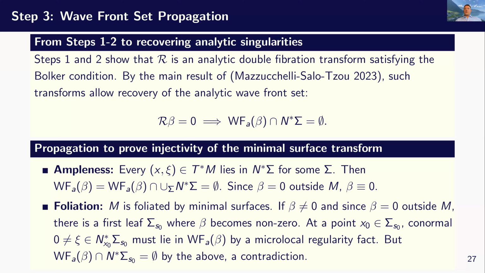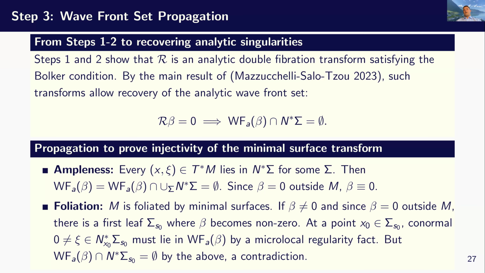The other condition was by foliations, and the argument there goes as follows. By assumption beta was 0 outside of the manifold, and we have a foliation, which means that there must be a first leaf of this foliation where beta becomes non-zero. That means there's a point in this first leaf, sigma s naught, x naught, such that the conormal at that point must live in the analytic wavefront set of beta.